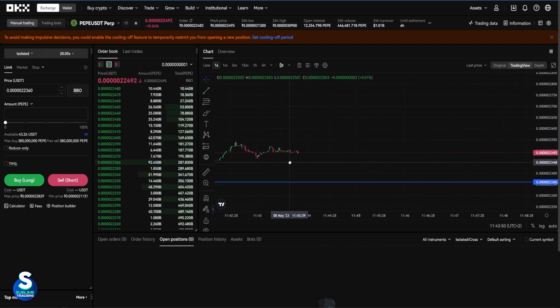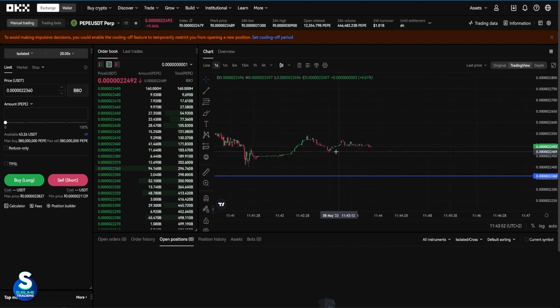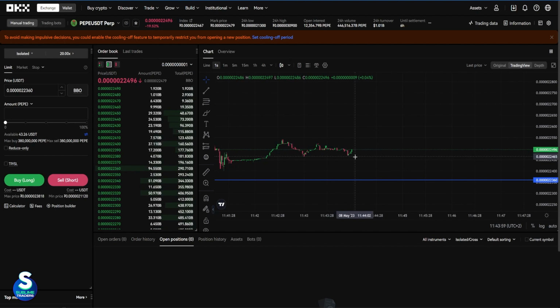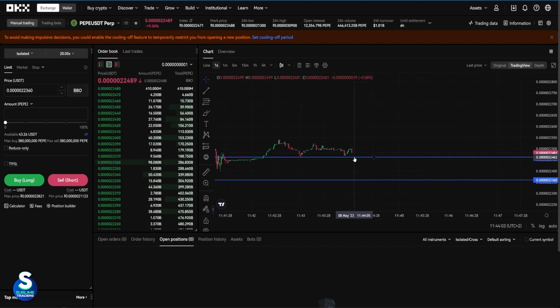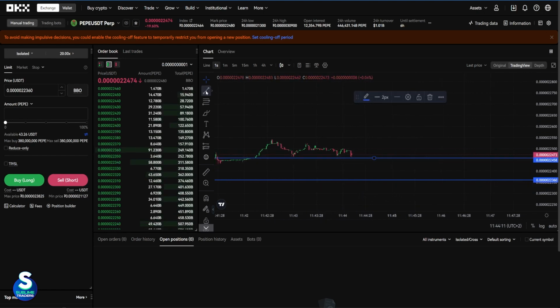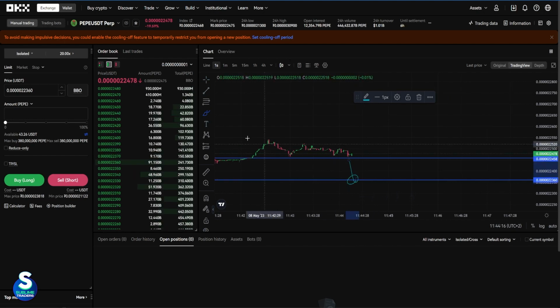Or if we get another mini wall like this, I can use this as a target. So for example, let's say that this is an established wall right here. It is not, but let's say for instance it would be. I would take this as an entry, just lowering it a tiny bit, and I would take this as a take profit right here.